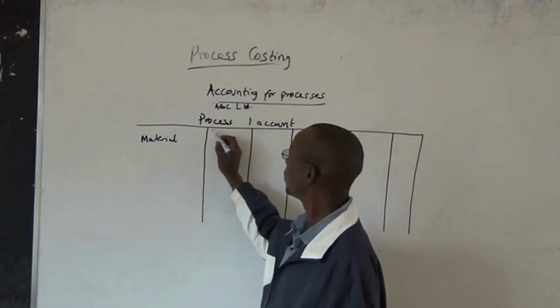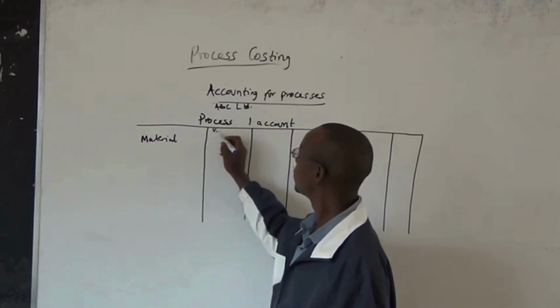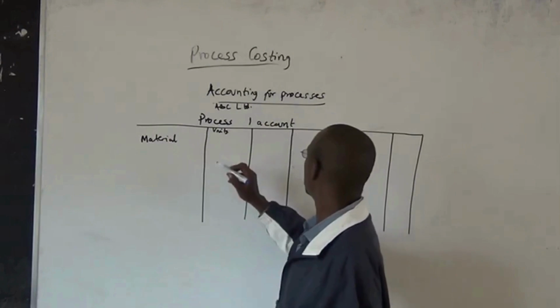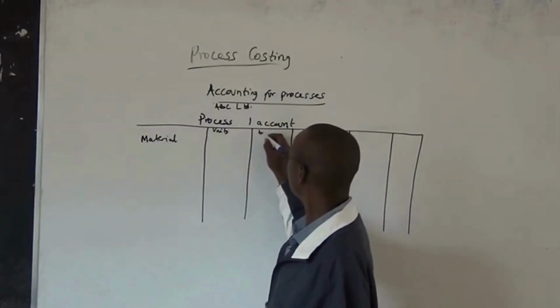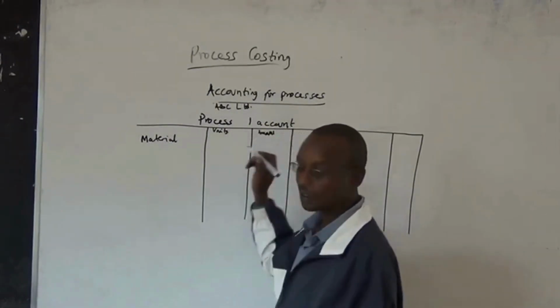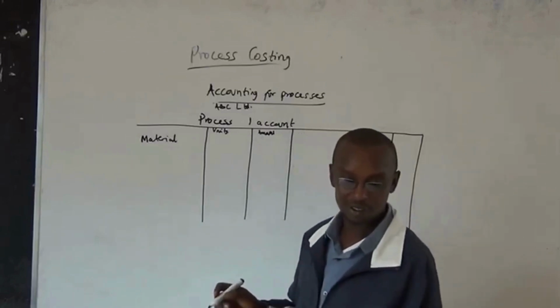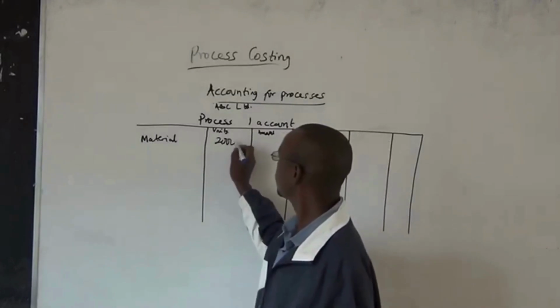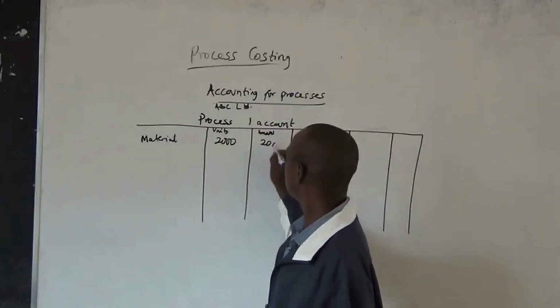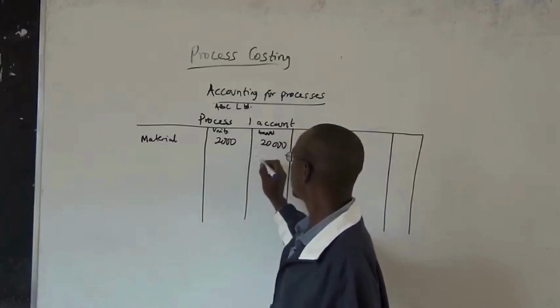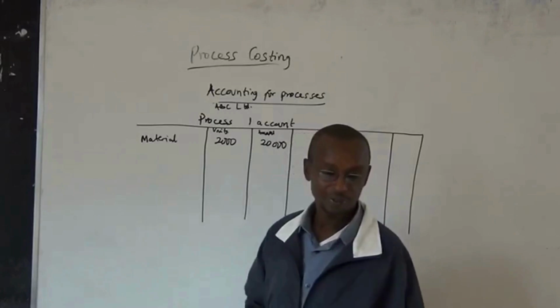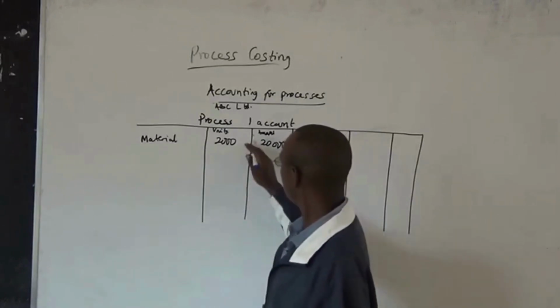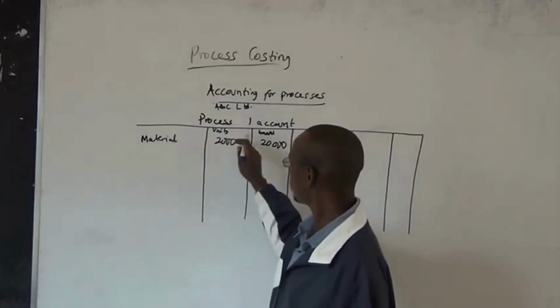So this one you can label them. Units and the amount. How many units? 2,000 units at shillings 10. That is 20,000. So, we have 3 columns. Units, cost per unit, amount.